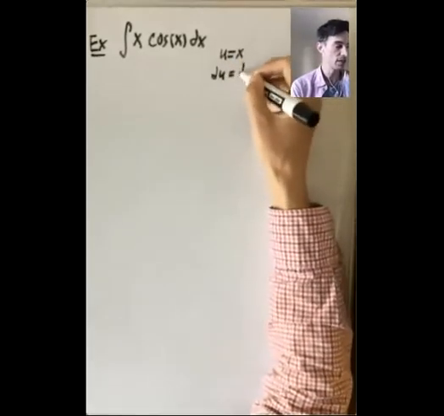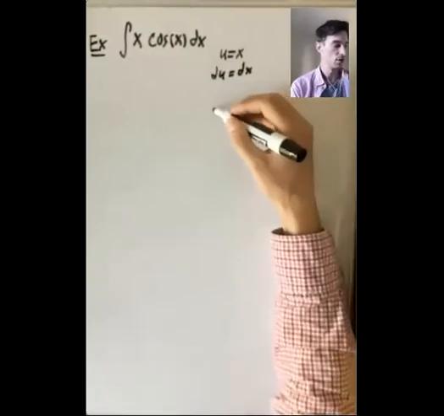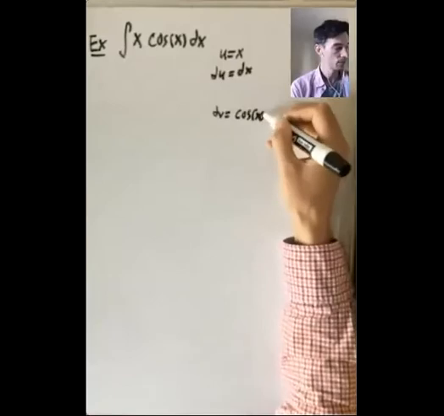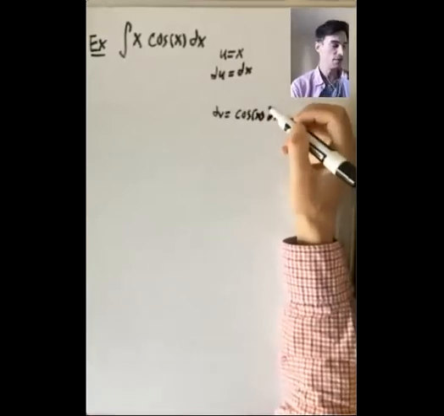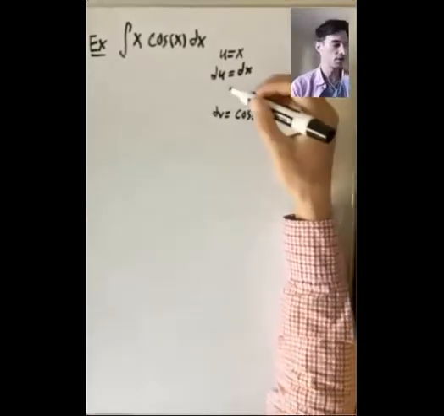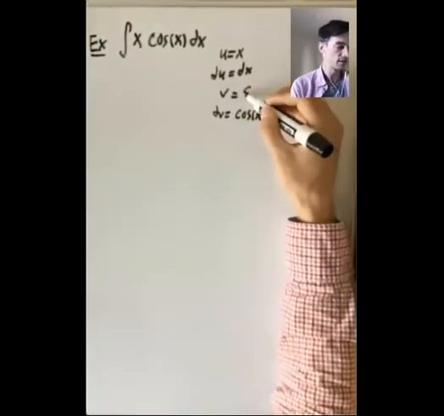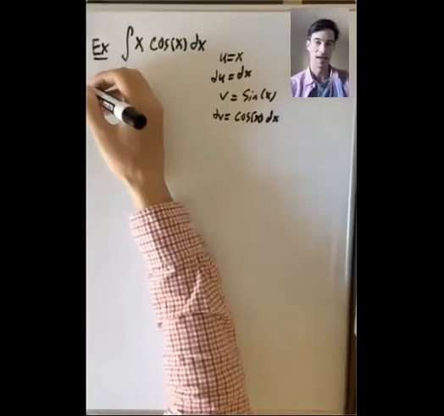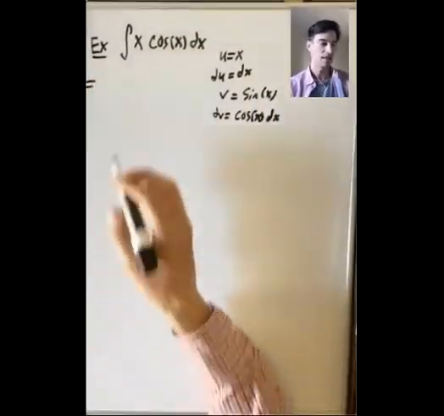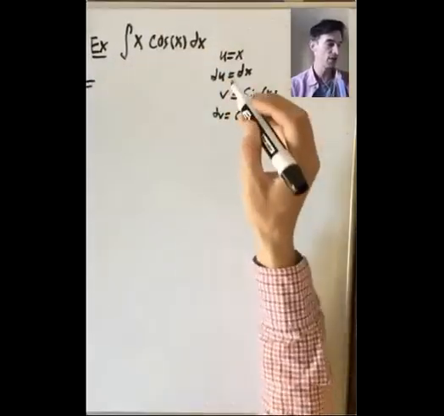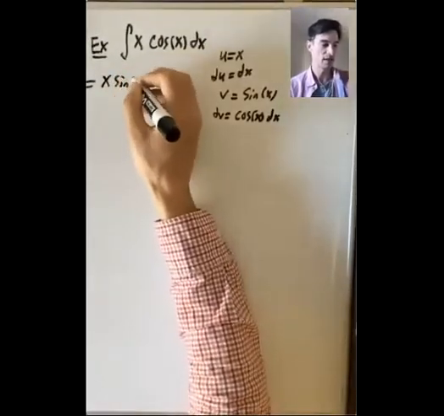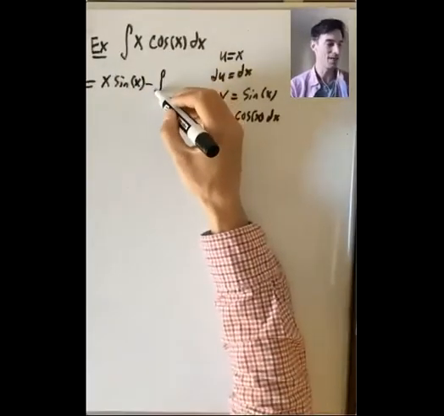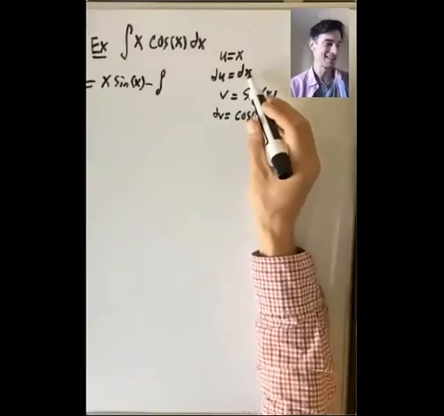Then du is just equal to dx. So the rest of what's left over, dv, should be cosine x dx. And then v should be any antiderivative of cosine x. So let's just take sine x. So where does that leave us? Now integration by parts says that this integral is equal to u times v, x times sine of x, minus the integral of v du, which is sine of x dx.